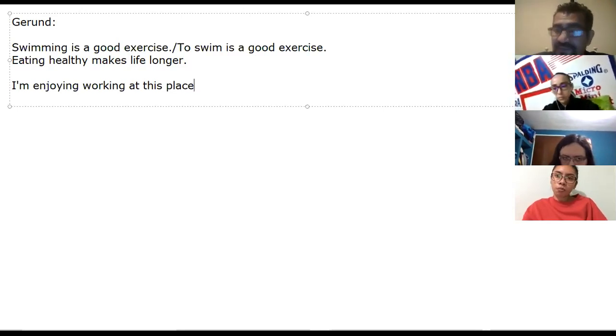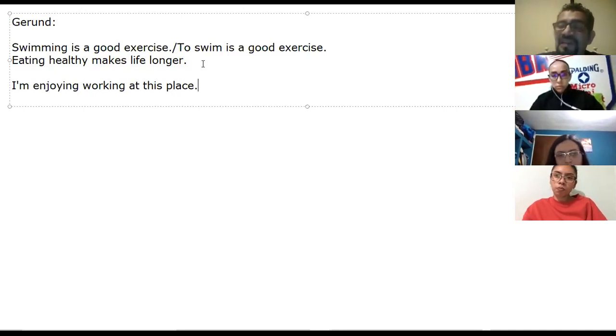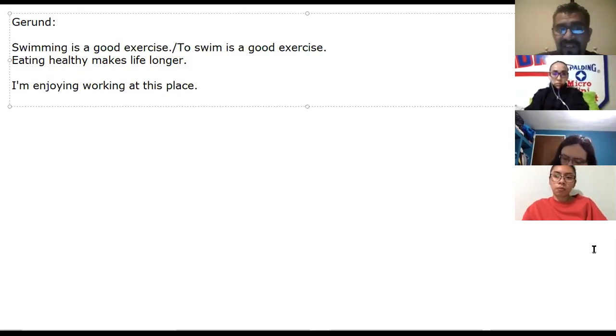This is an example. I'm enjoying working at this place. As you can see in this example, I am using present progressive and I am using a gerund. The first one, enjoying, is present progressive. Working is gerund. Now, why do I use working?